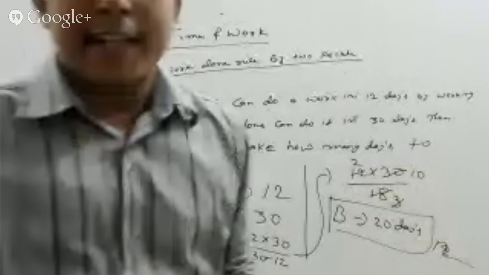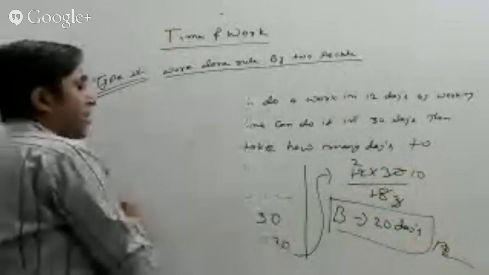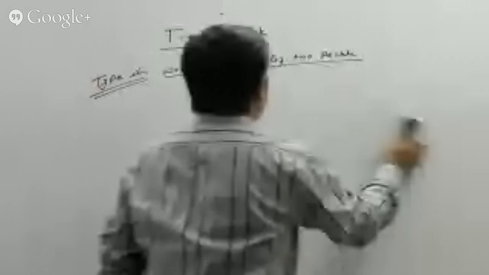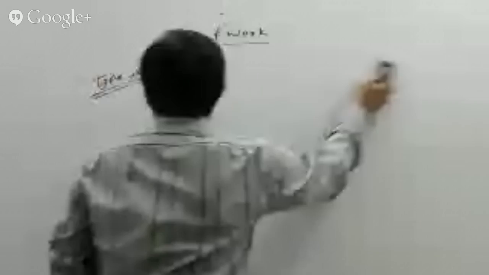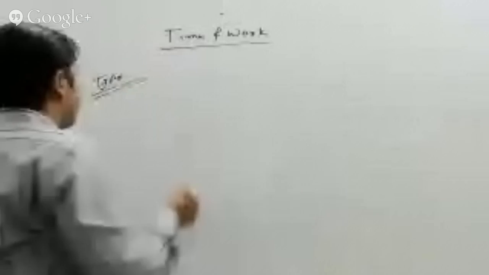Let us discuss another type, when 3 people are working together. Type 5, when 3 people are working together.